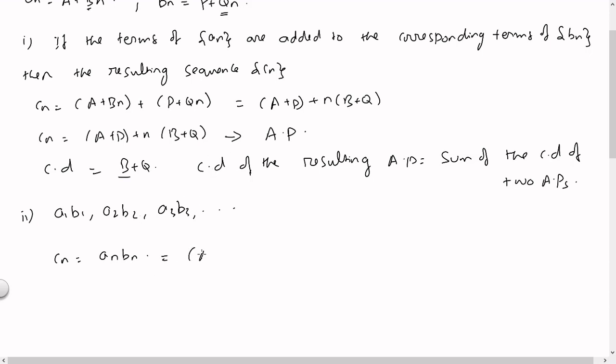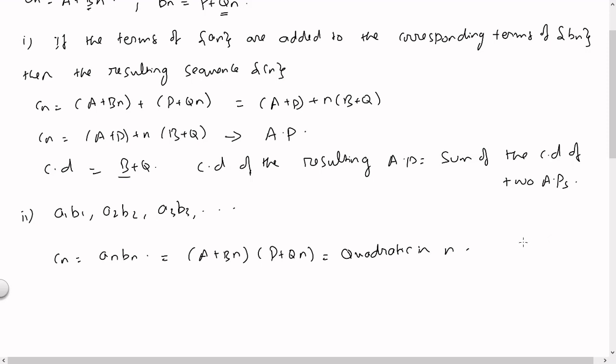So that is equal to (a plus bn) into (p plus qn). So you can see that the product gives you a quadratic in n. Since it's a quadratic in n, we can say that the resulting sequence will not be an arithmetic progression.